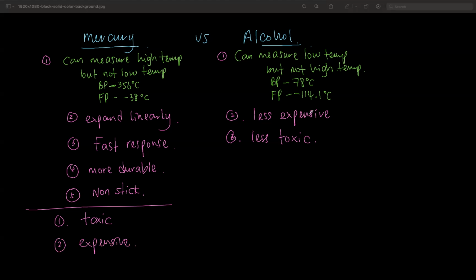This is expensive, this is less expensive, and this is durable, this is less durable. Okay, you just flip the whole thing. Non-stick, then this is stick. This is stick wall. Okay, that's the difference between the mercury and alcohol thermometer.